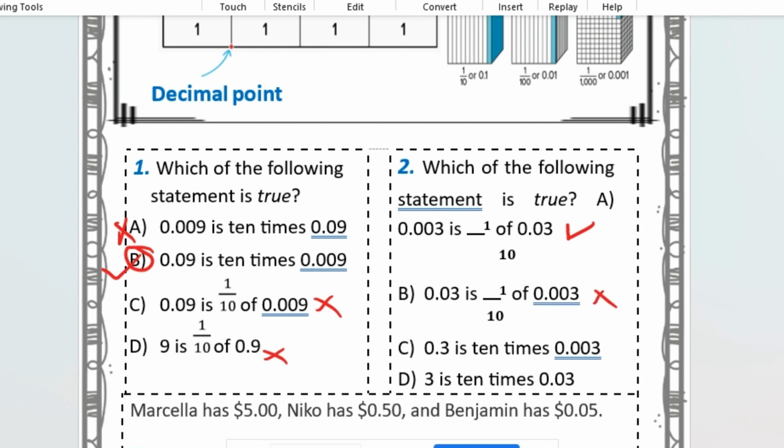Now 3 tenths is 10 times as much as 3 thousandths. This is incorrect, of course. 3 is 10 times as much as 0.3, 0.03. This is incorrect because 0.03 times 10 is 0.3, or 3 tenths. Okay, so only number 1 is correct.